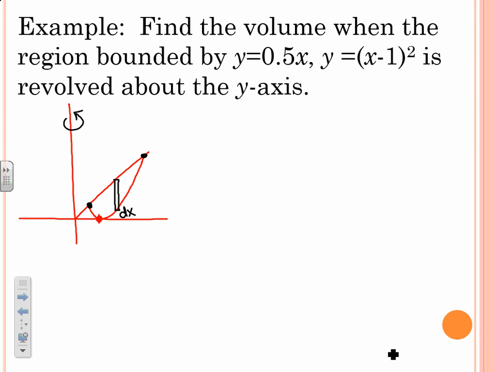How would you like to determine those? I'd say we FOIL and then we solve. Are you saying you want (x minus 1) squared to be equal to 1/2 x and you want to solve that? Okay.